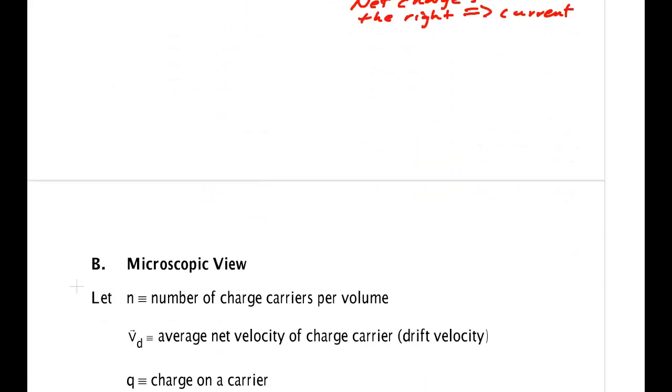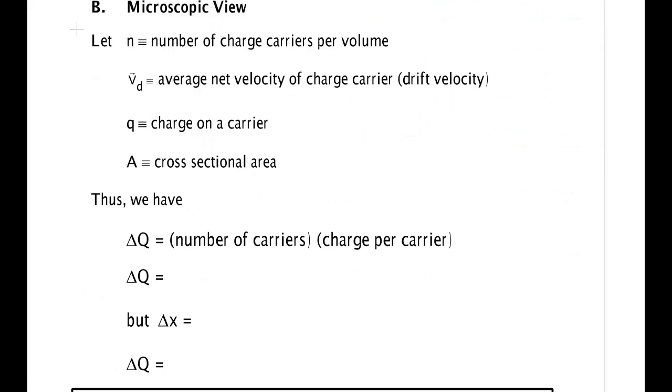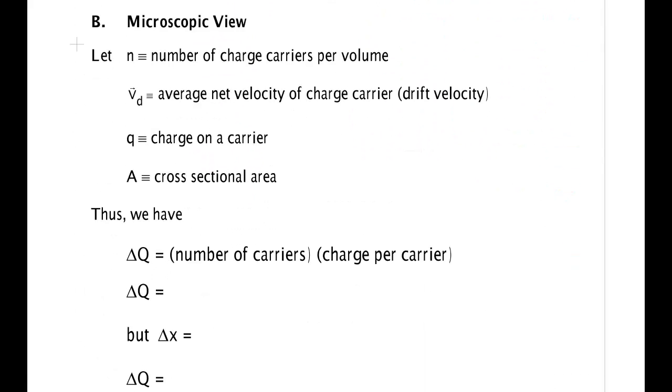Now, microscopically, we can try to build up some sort of a model. So let N be the number of charge carriers per volume. Let this v_d be the average net, and we'll just call it speed for the minute. It's often called a drift velocity or drift speed.